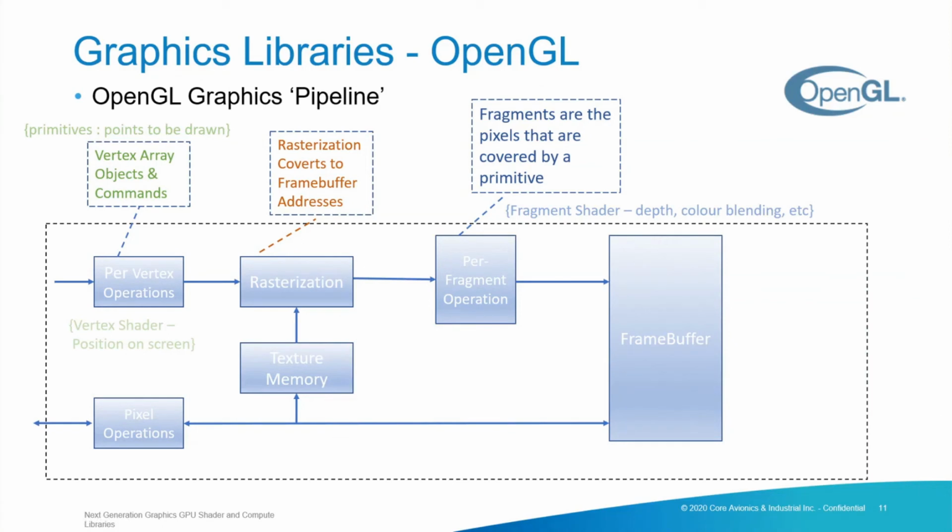So for example, we might have a triangle defined and the vertex operation is positioned on the display, and then the fragmentation operation might add some shading and colors and so on to make it look like a 3D object, for example, before it's physically displayed or put into the frame buffer. We also have pixel operations, so if you know that you want to write to a specific pixel, you can do that as well using a standard pixel operation.